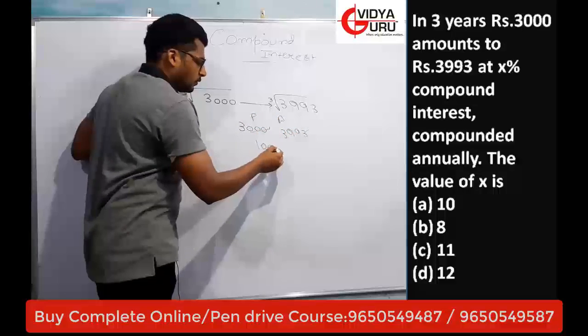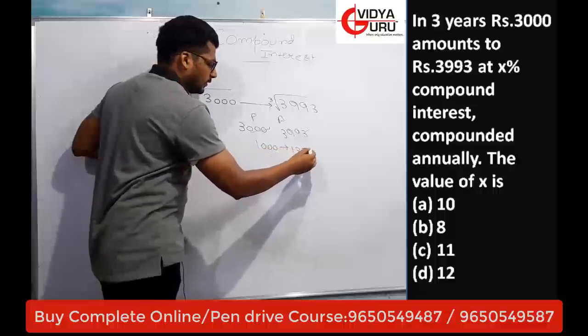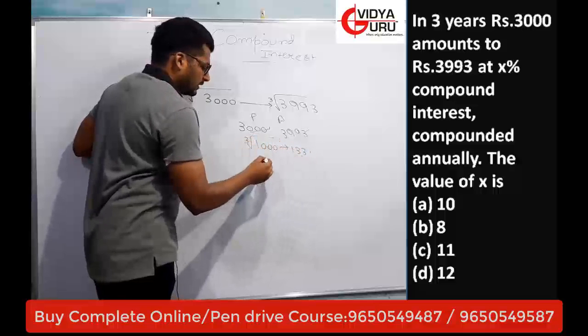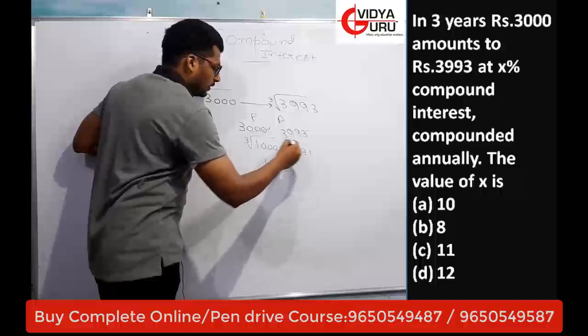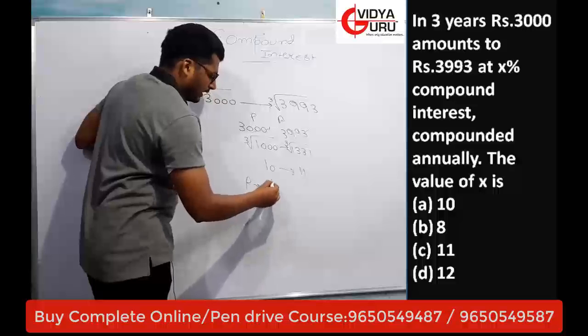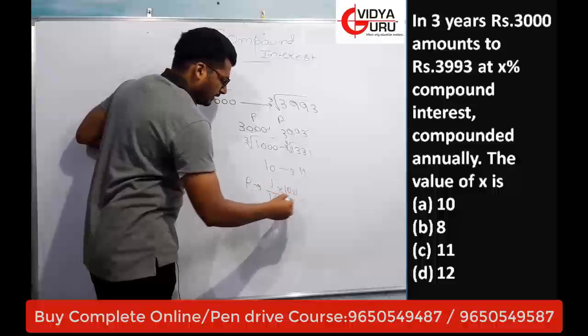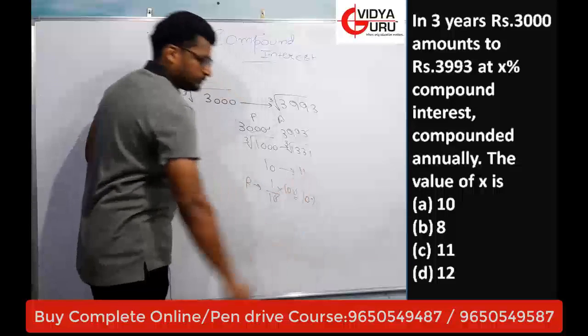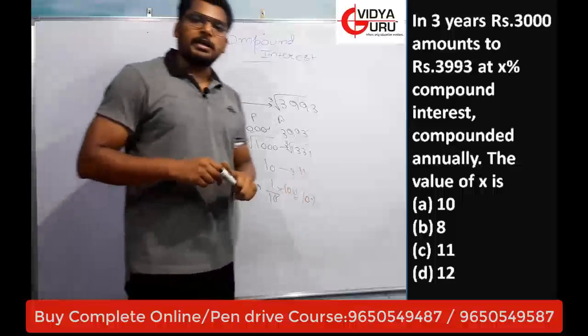So it will be 1000 to 1331. Now I know 1000 is the cube of 10 and 1331 is the cube of 11, and the rate will be: on 10, I got 1 as interest, and the rate will be 10%. The rate will be nothing but 10%.